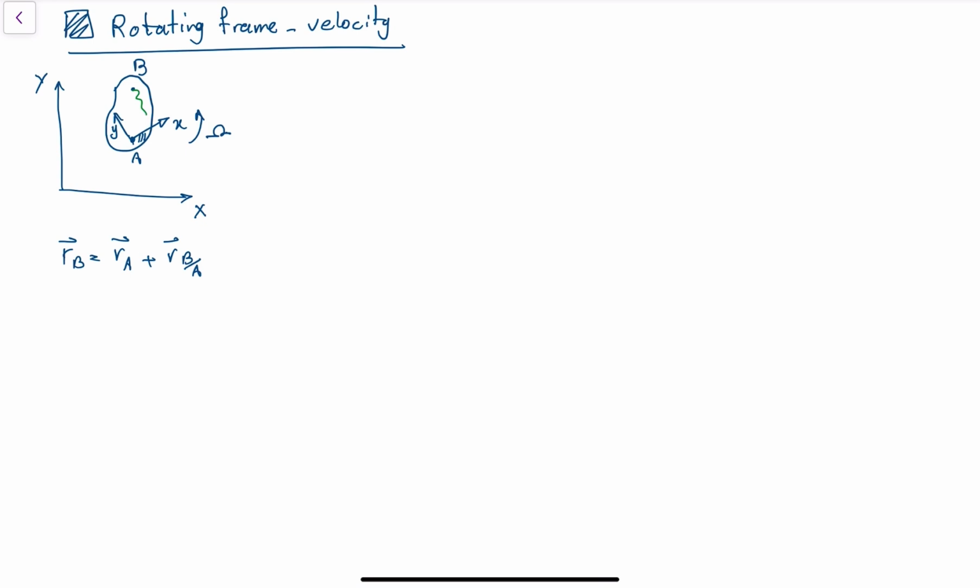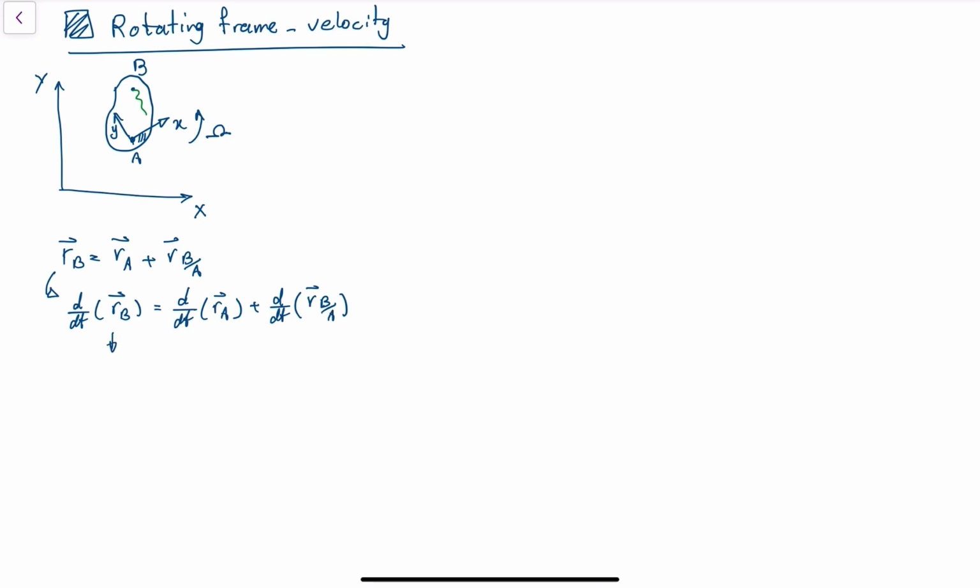The position, if we know the relative position of B as observed by observer A, we can use this vector equation to solve for position. If that is the position of B, I can take the derivative of it. d over dt of R of B is d over dt of R of A, these are the absolute position vectors, plus d over dt of R of B relative to A. Okay, this is what we expect.